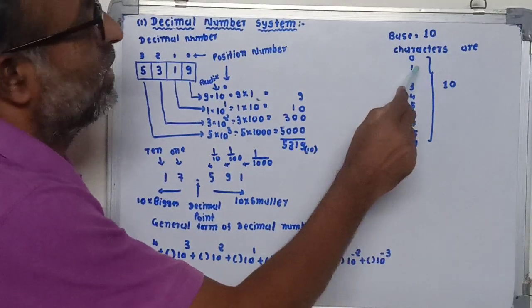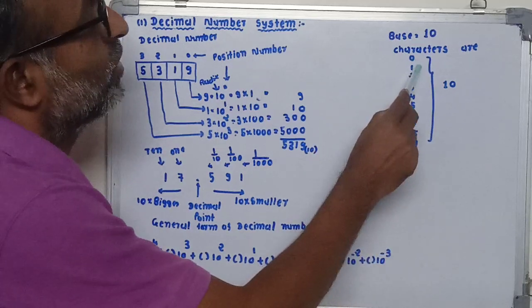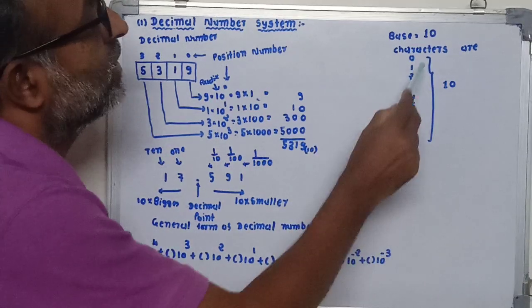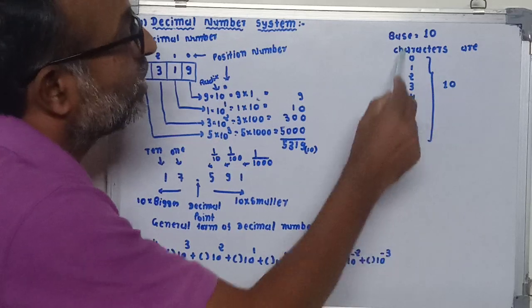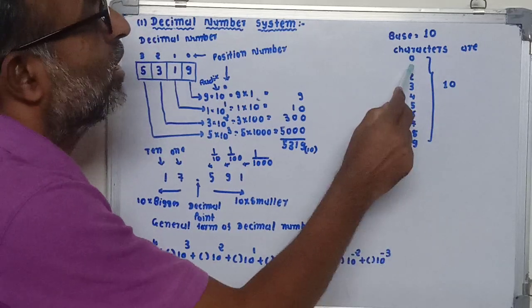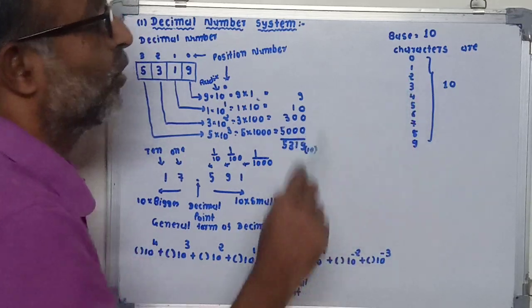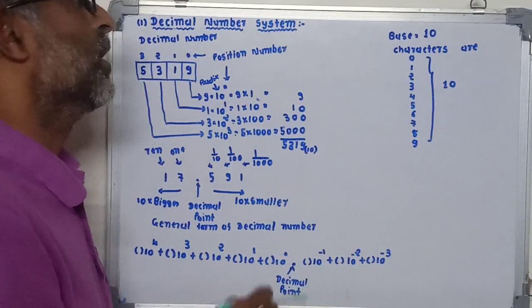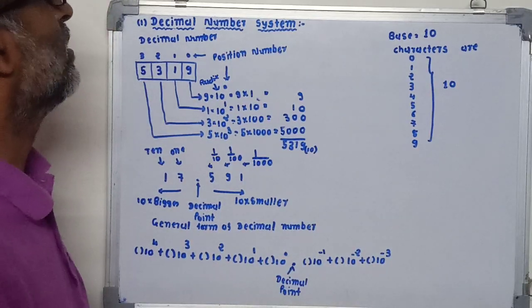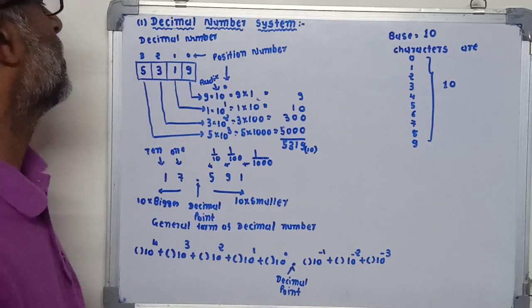We are using a combination of the characters 0 to 9. Similarly, 11 is possible because both 1 and 1 come from this 0 to 9 digit. Similarly 12, 13, 14. So it is most important and this system is widely used.